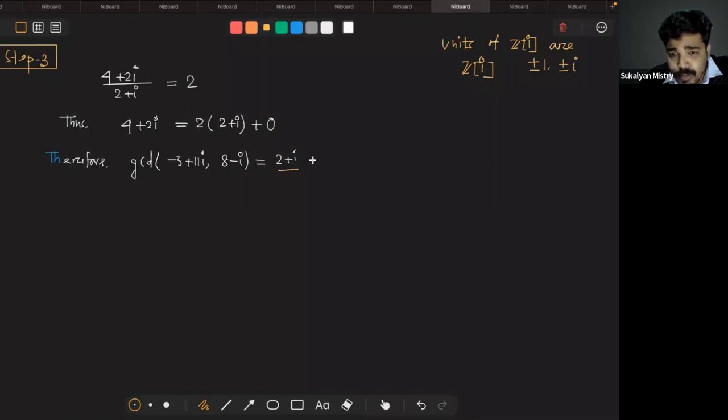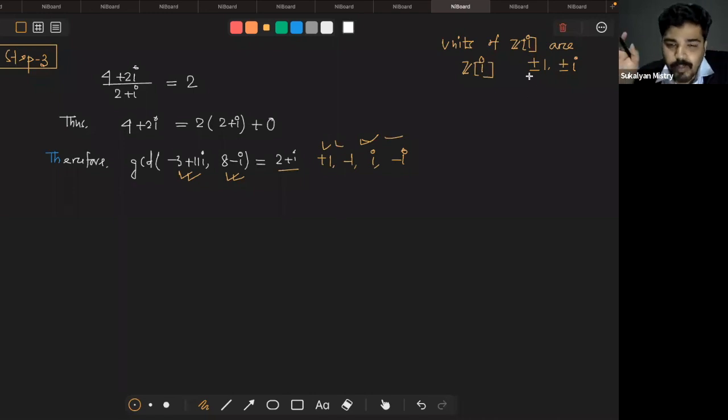So আমরা যদি জিসিডি এই চারটার মধ্যে কোনো একটা পেতাম, তাহলে বলতাম যে -3 plus 11i and 8 minus i are relatively prime, because two elements a and b are said to be relatively prime if GCD of a and b is unit.